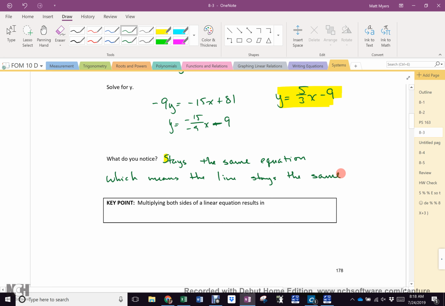So what does that mean for us? Multiplying both sides of a linear equation results in a new equation with the same characteristics.